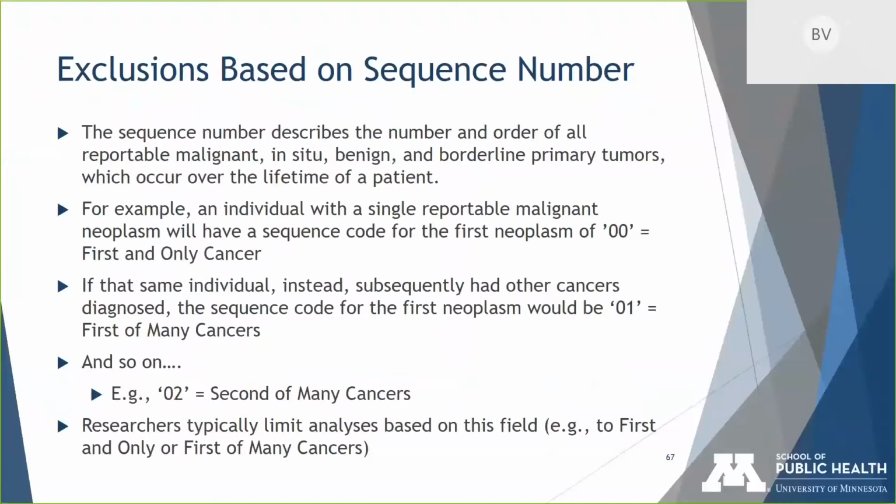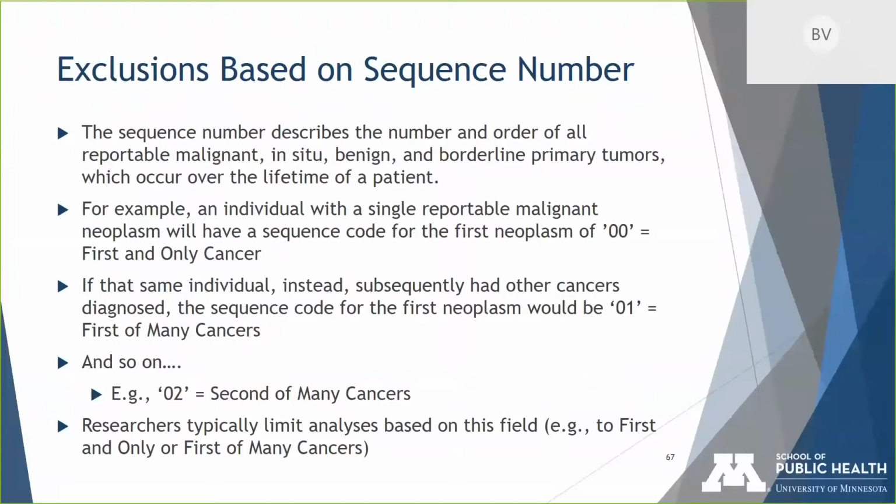I also mentioned the idea of implementing exclusions based on the number of cancers that an individual has, and Beth mentioned this as well. And the way you actually operationalize this is based on the sequence number within the PEDS-F file. The sequence number describes the number and order of all cancers that are reported within SEER.